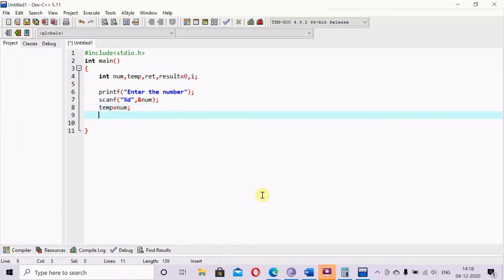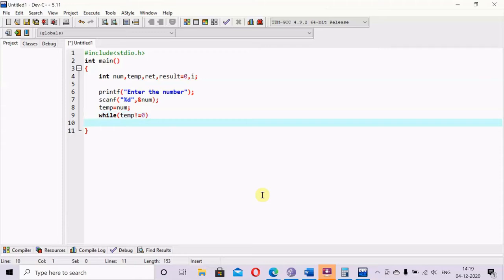And we have to use that whenever it is working, while this number is a positive number, or we can say while this number is any value greater than 0. So we can check: while this temp value is not equals to 0.